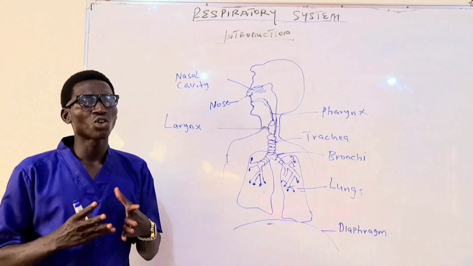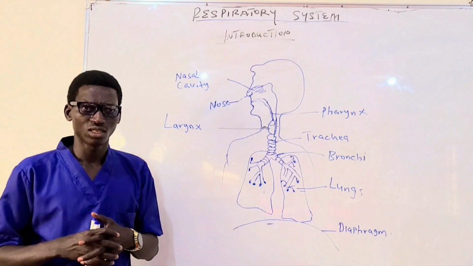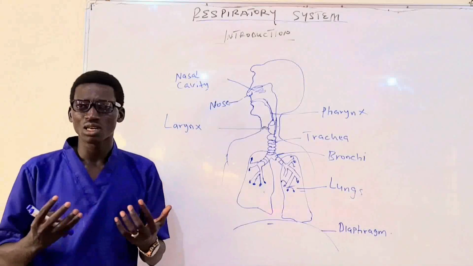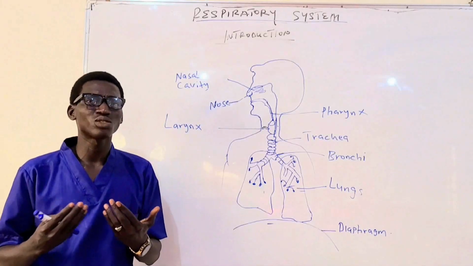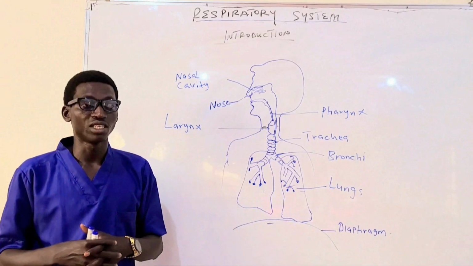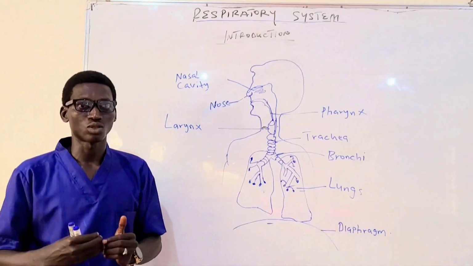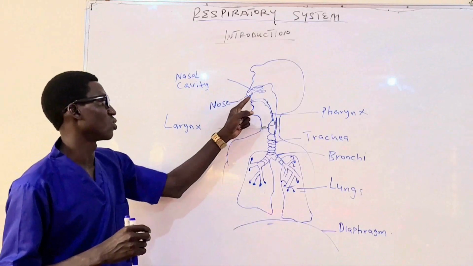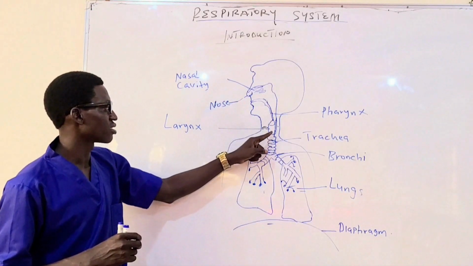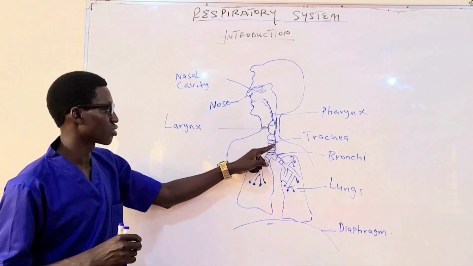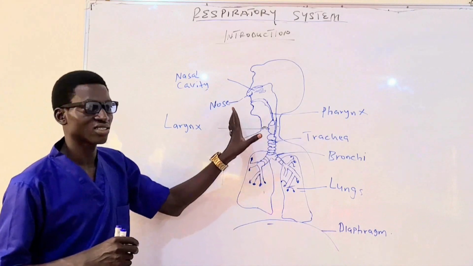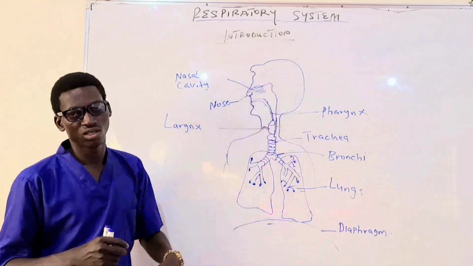When we talk about the conductive zone initially, they are those structures that serve as the passageway of air from the atmosphere into the body. These structures are the nose, the nasal cavity, then the pharynx, then the larynx, the trachea, then the bronchi. These serve as the conducting zone.